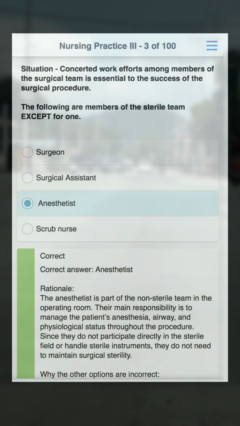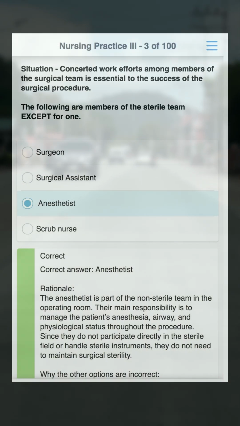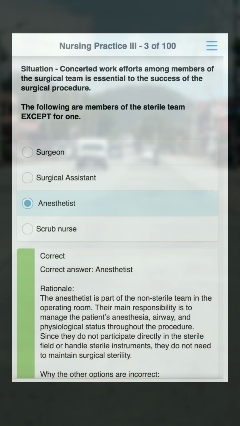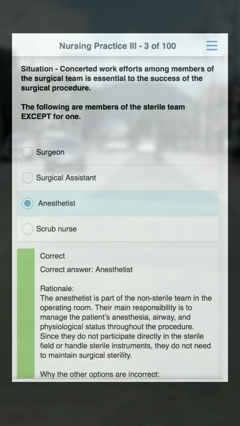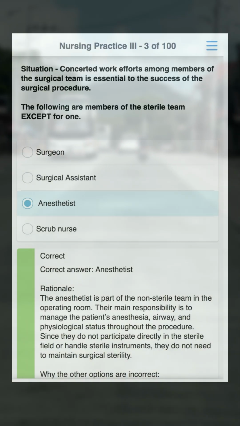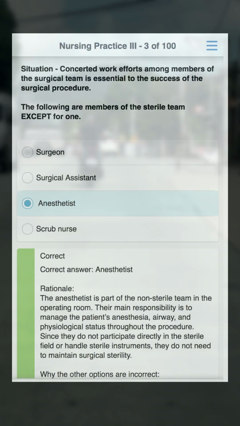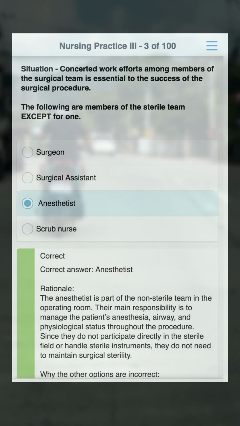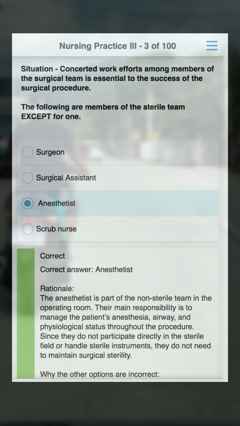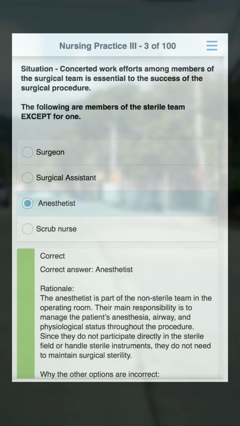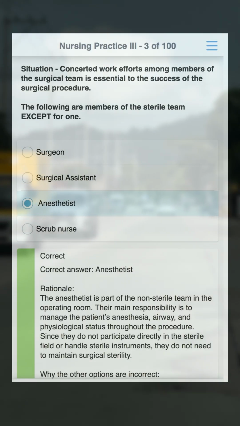Imagine the sterile field as an invisible boundary around the surgical area. Inside this sterile field are the surgeon, the surgical assistant, and the scrub nurse. Outside the sterile field are the anesthetist and the circulating nurse. Both groups work together, but their responsibilities and aseptic status are different.